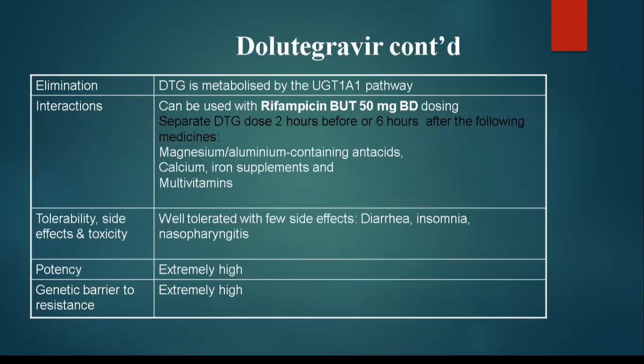From there we can look at the interactions of this drug. Dolutegravir can be used with rifampicin, but the dose has to be doubled, which is 50 milligrams BD instead of OD.